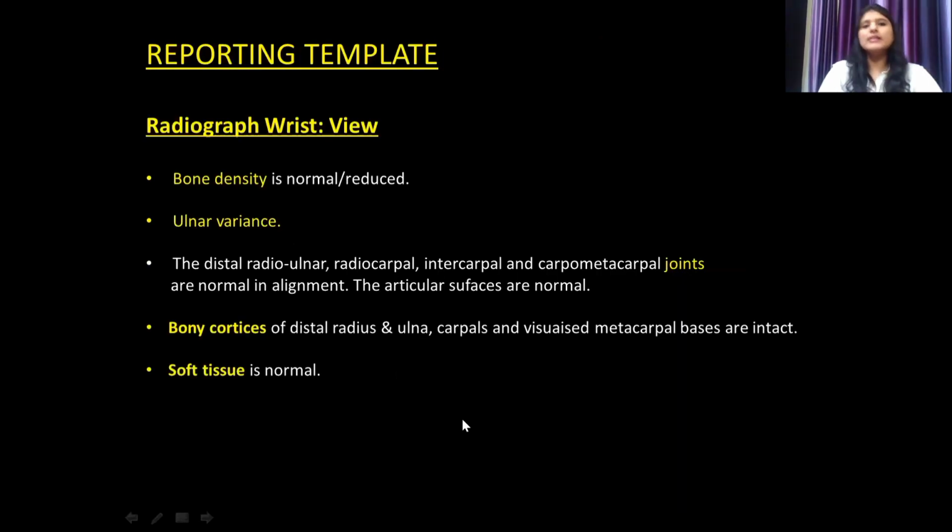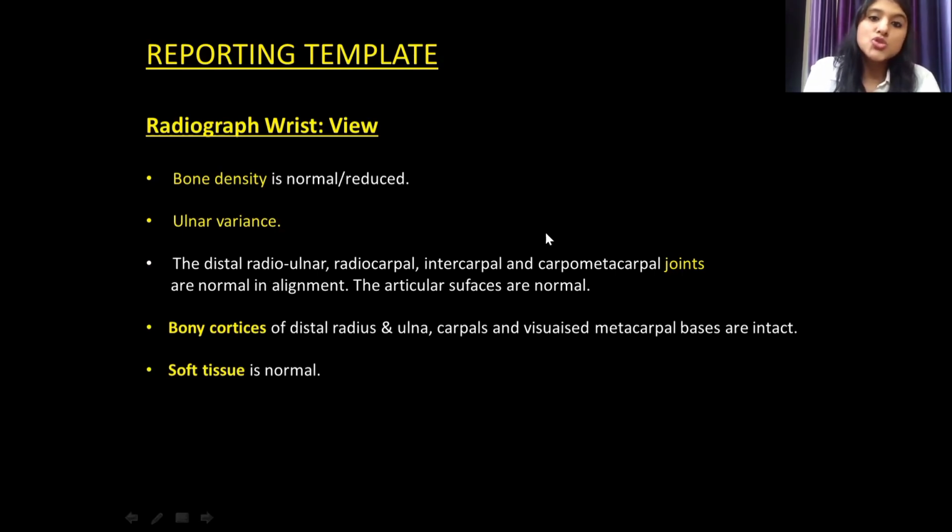So now finally, the reporting template of a radiograph of the wrist. After mentioning the clinical details, the name, age, date, etc., we mention what view has been taken. Then the first point which we comment on is bone density, whether it's normal or if there's osteopenia. Then ulnar variance, whether it's positive, negative, or neutral ulnar variance.